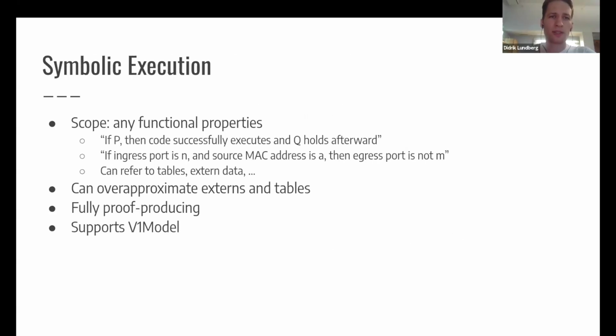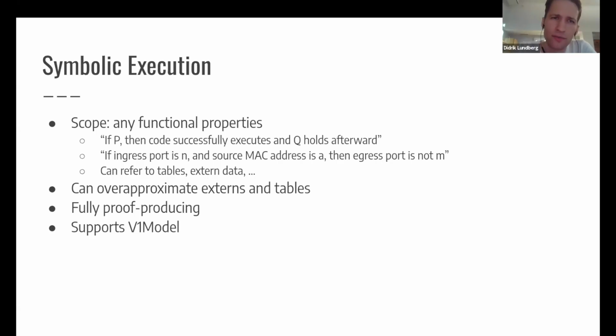So with that said, let's take a look at the symbolic executor. What can you do with the symbolic executor then? The symbolic executor is in theory not restricted to any class of functional properties and proves properties roughly of the form: if the precondition P holds, then the code successfully executes and the postcondition Q holds afterward.